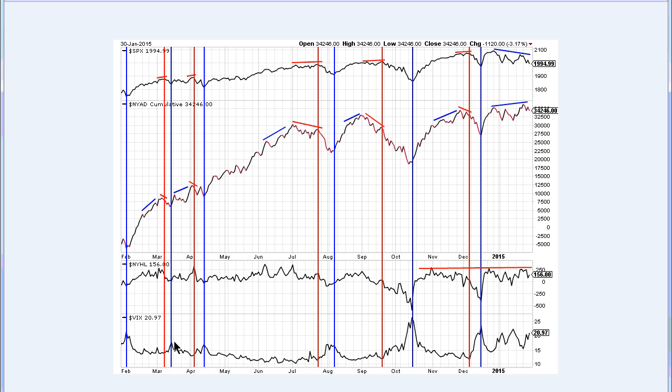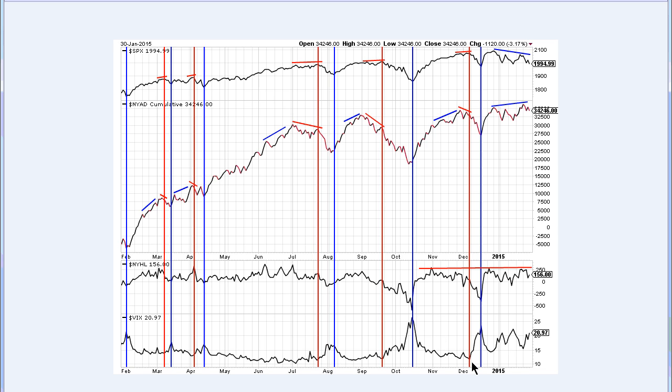Every time the market goes into a corrective phase and makes a low in that corrective phase, we see the VIX peak when it makes that extreme low, for that particular swing. And you can see it here, and it peaks here.